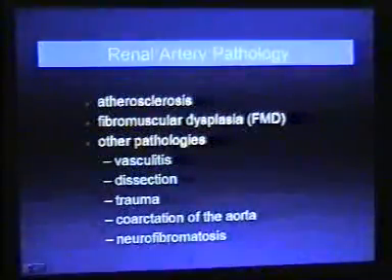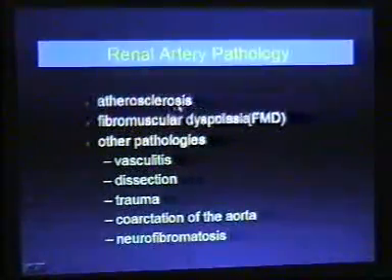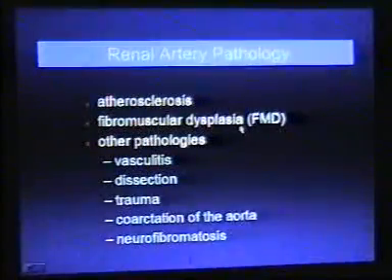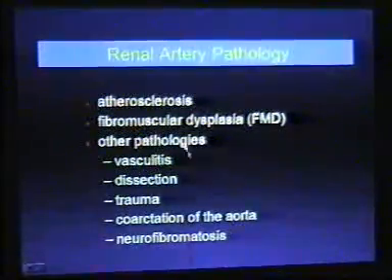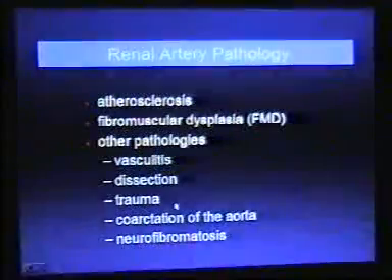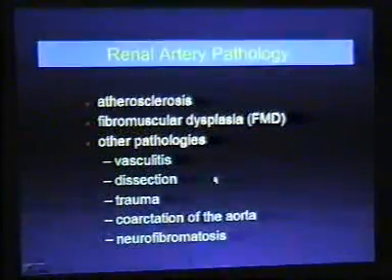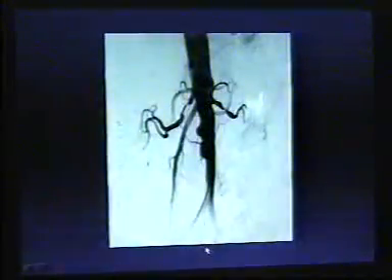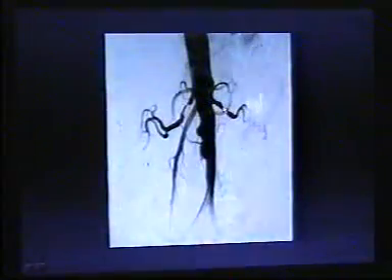Renal artery pathology includes atherosclerosis, fibromuscular dysplasia, and other pathologies like vasculitis, dissection, trauma, coarctation of aorta, and neurofibromatosis. Here we have stenosis of the renal vessels.